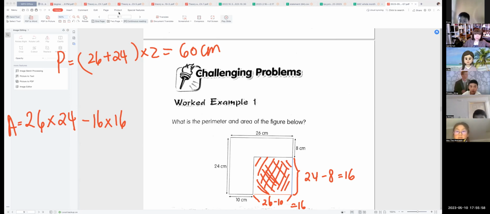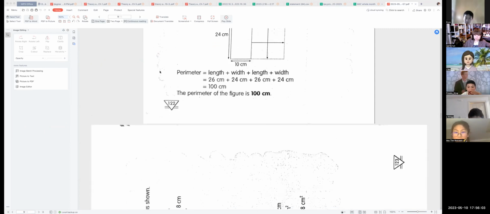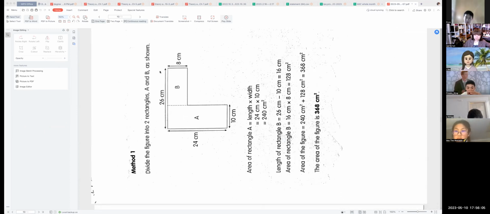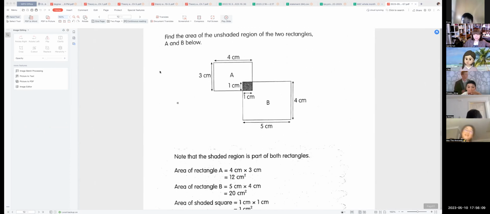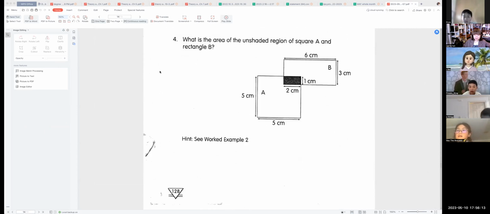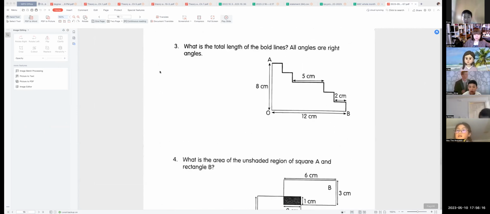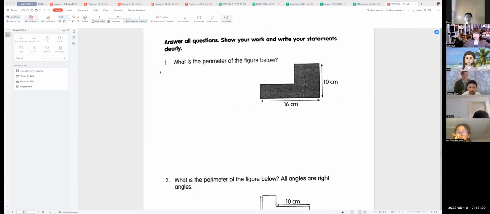Okay, if you understood, we're going to move forward to the next one, okay? It's not very friendly. Okay, we're going to move forward to see how we do number 1. What is the perimeter of the figure below?